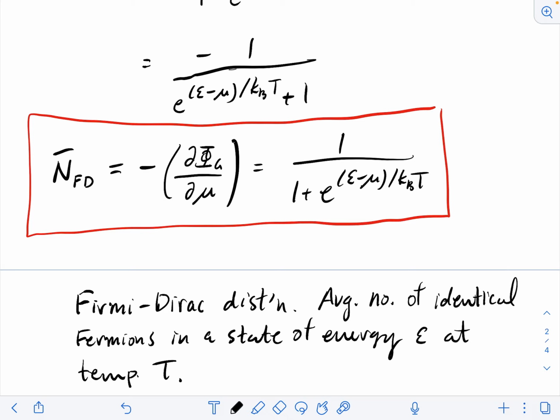But those fermions aren't identical because they have different spin states.